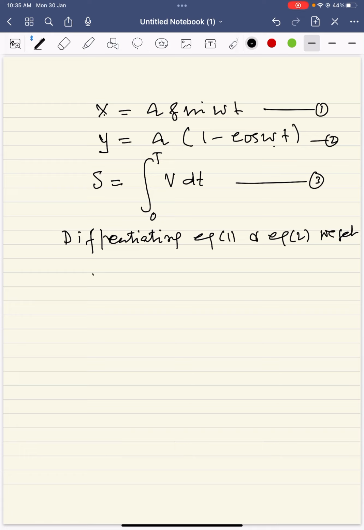The differentiation of x is vx, the velocity in the x direction, that is a cos omega t into omega, that will be a omega cos omega t.